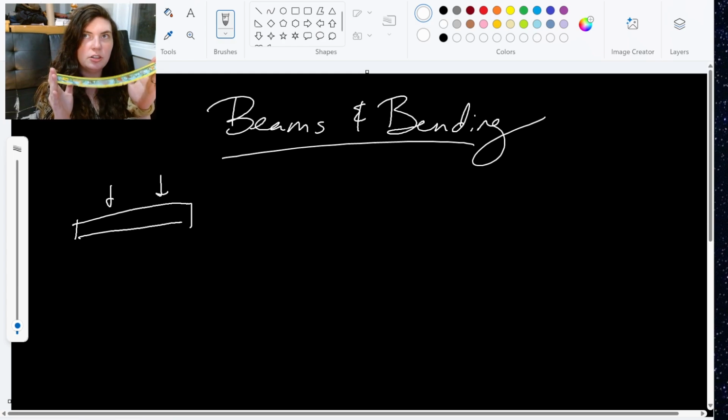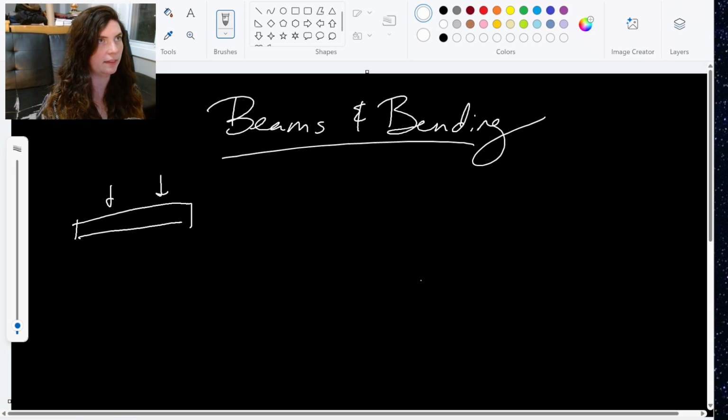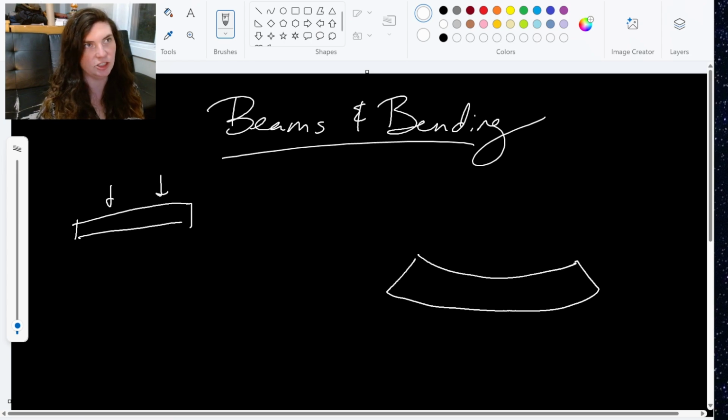So it curves in this sense of horizontal, right? Our horizontal lines kind of curve, and our vertical lines mostly remain straight. If we were to draw this out, what it looks like is happening, in a super exaggerated form like that, the beam is curving into almost a C shape, almost forming a circle.